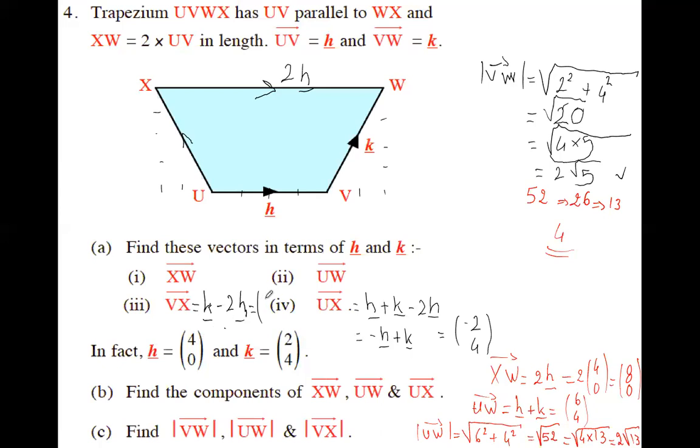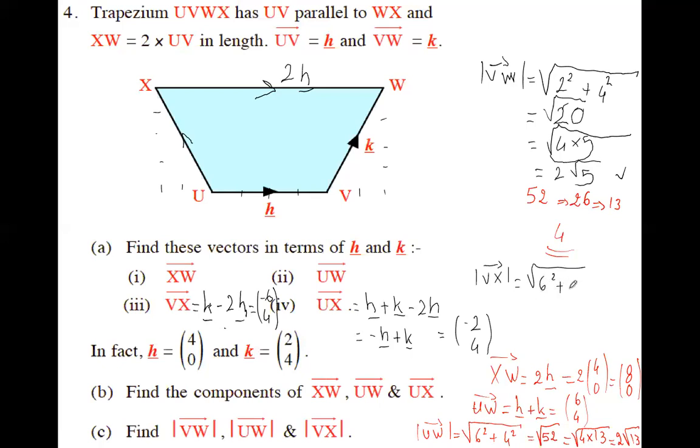I don't think we've put it yet. So you need to calculate negative 6. And 4 minus 0 is just 4. So you've got (-6, 4). So we need to do VX equals square root of 6 squared plus 4 squared.